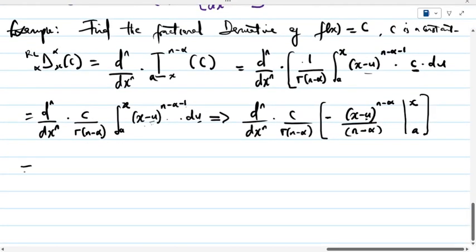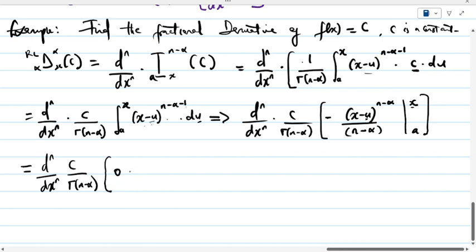So substituting that for u, we have d^n over dx^n, c over gamma of n minus alpha. For the upper limit, which is x, if you substitute for u, that will be x minus x, which is 0, and 0 to the power anything is 0, and 0 divided by anything is 0, so this also becomes 0.